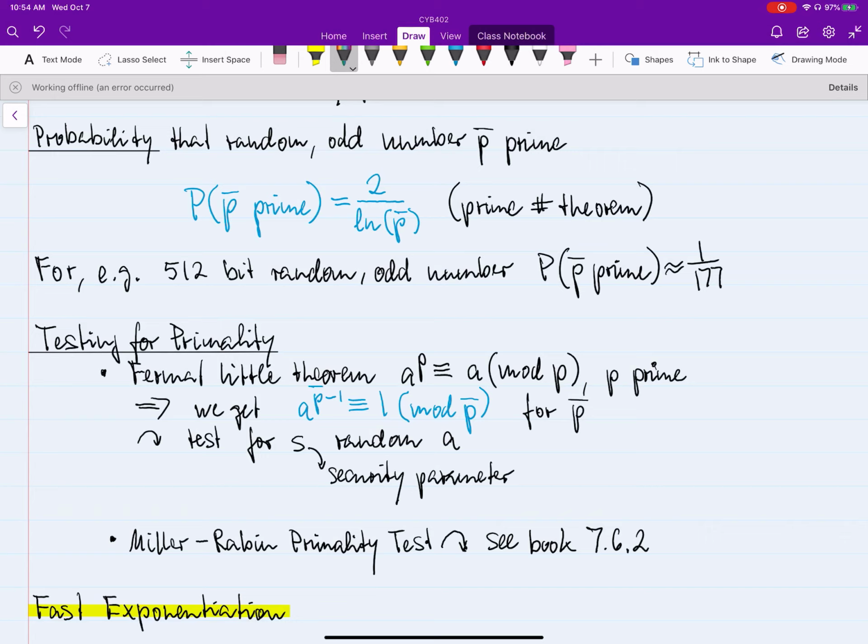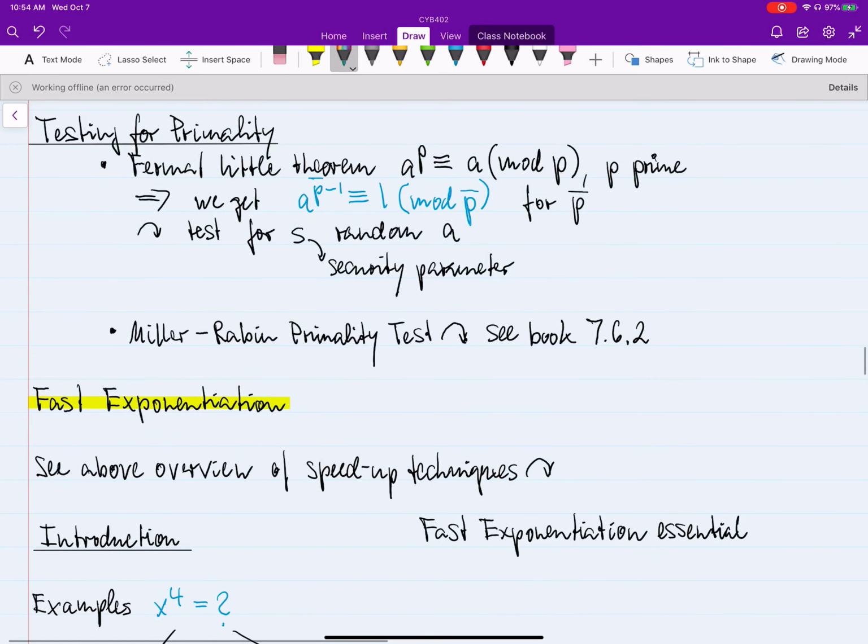Once we generate all of these randomly generated numbers, now we need to check whether they are prime. On the face of it, remember Fermat's little theorem: the modulus here needs to be prime for Fermat's little theorem to hold.